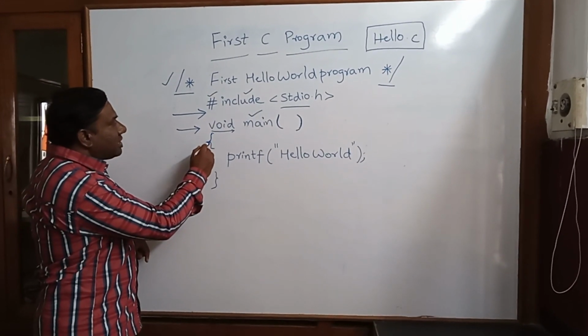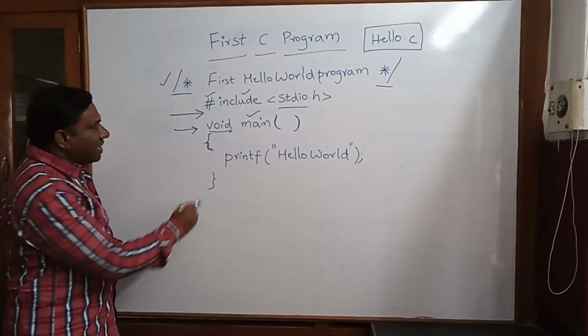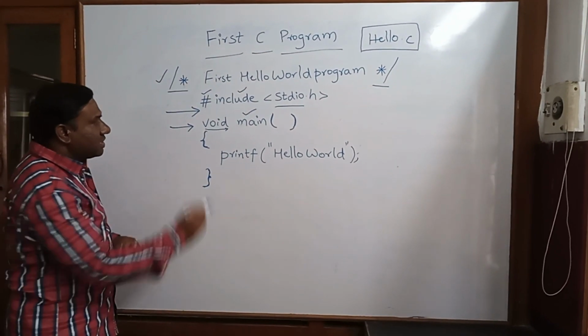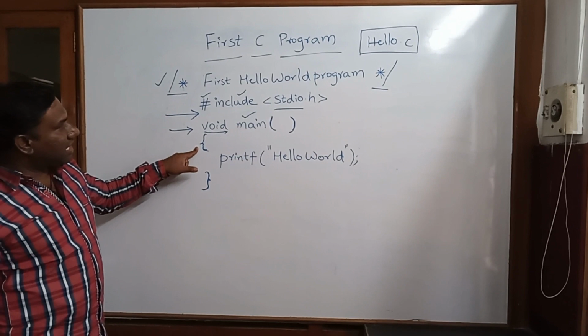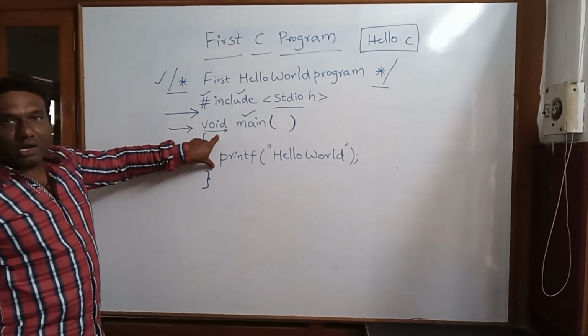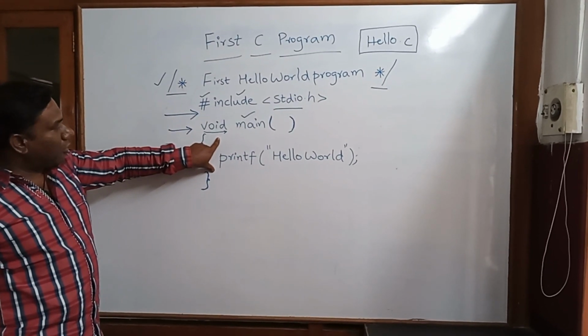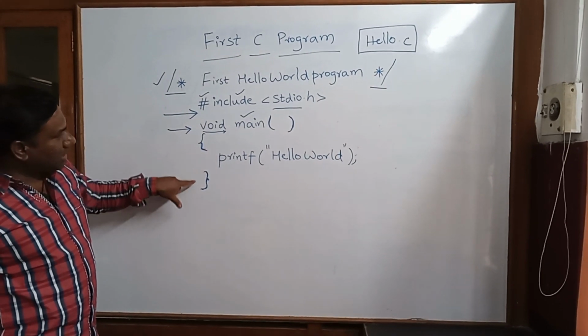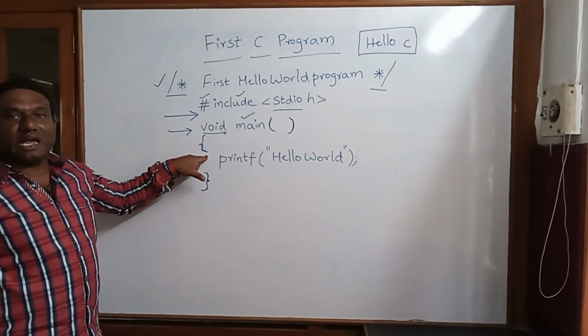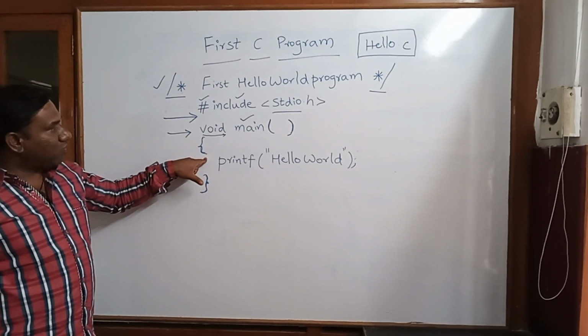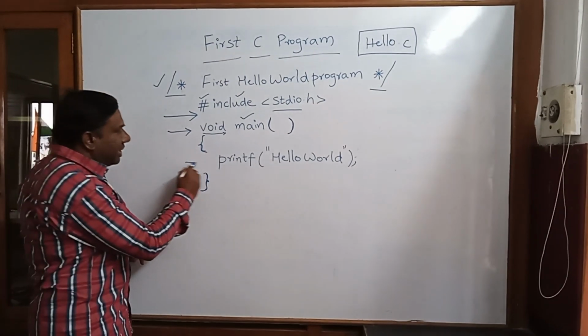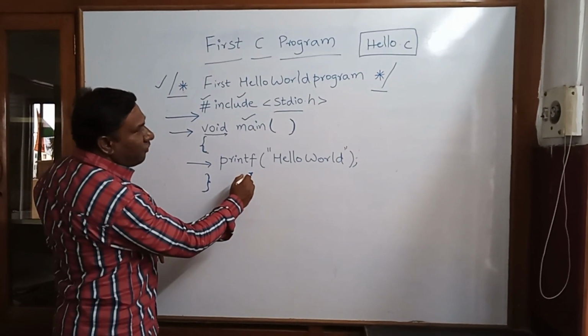Next, whenever your C compiler sees these symbols, it understands that this is one block. Whatever statements are written in between these two symbols, it will execute each and every statement. In this one, we are writing one statement, that is printf.